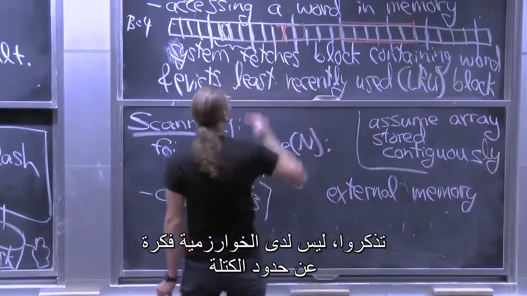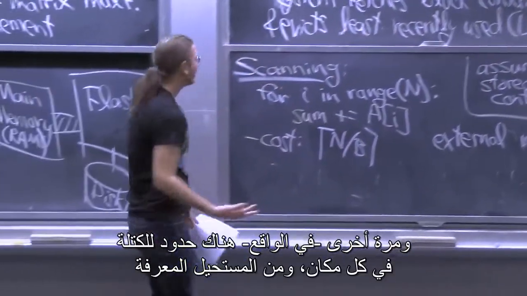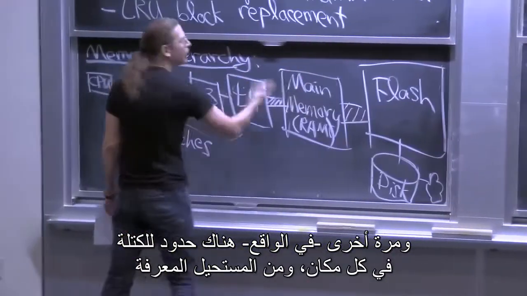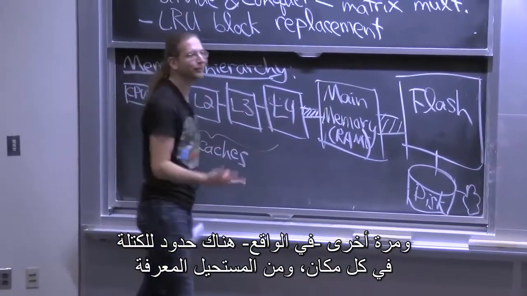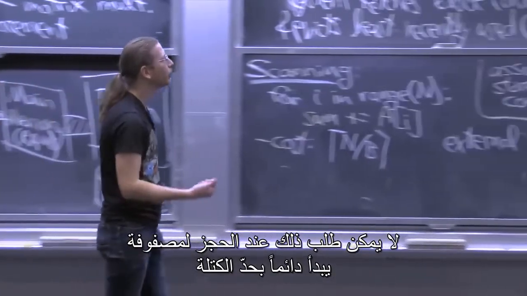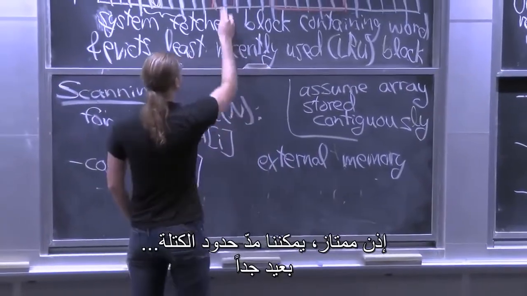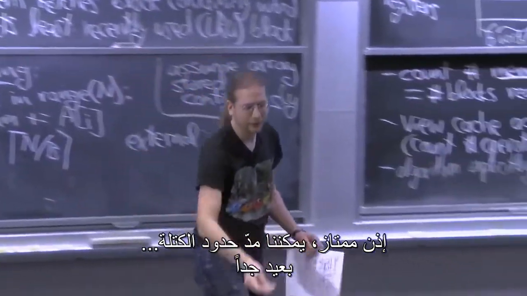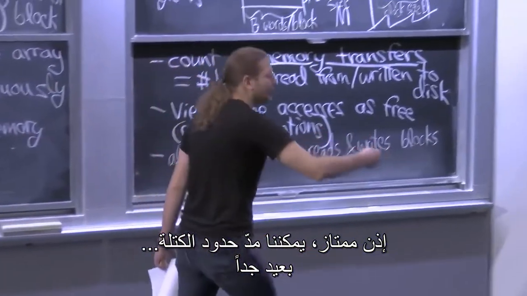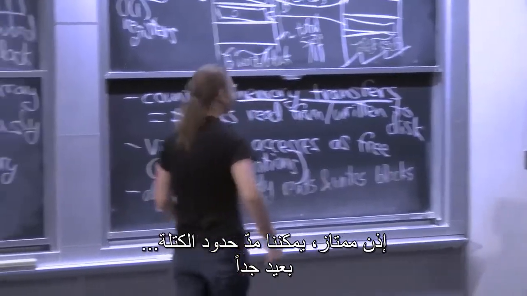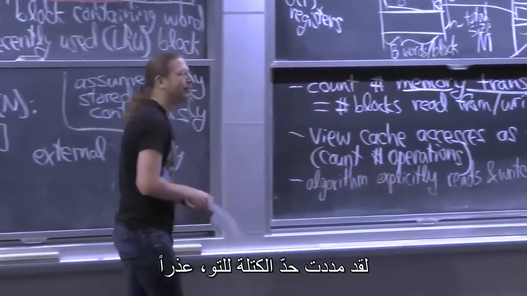Remember, the algorithm has no idea where the block boundaries are. And again, in reality, there are block boundaries all over the place, and there's no way to know. You can't request that when you allocate an array, it always begins at a block boundary. So you can span block boundaries.